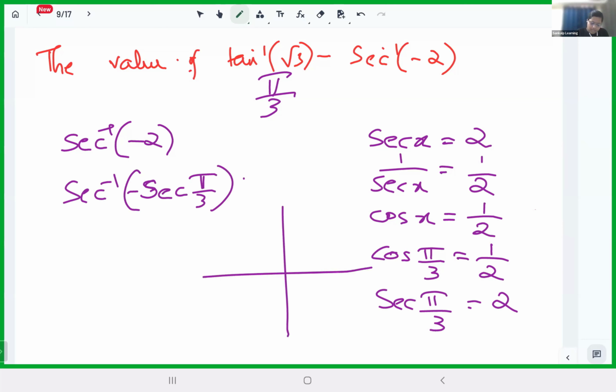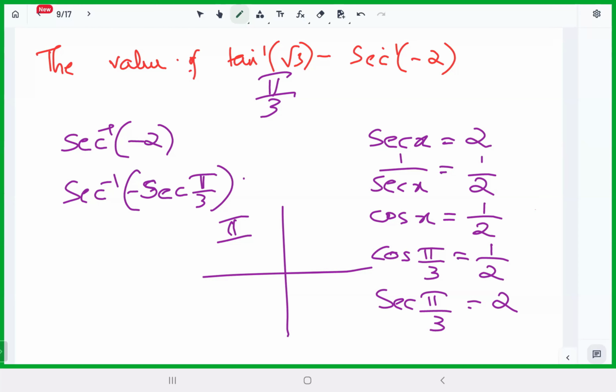And we know in the first quadrant everything is positive. In the second quadrant, you know that sec is negative, isn't it? So how will you convert this minus sec pi by 3 into a positive quantity?